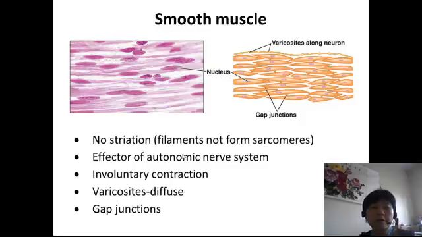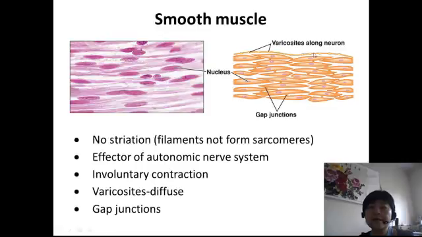It is done automatically by your autonomic nervous system. Therefore, the contractions smooth muscle produces are involuntary.